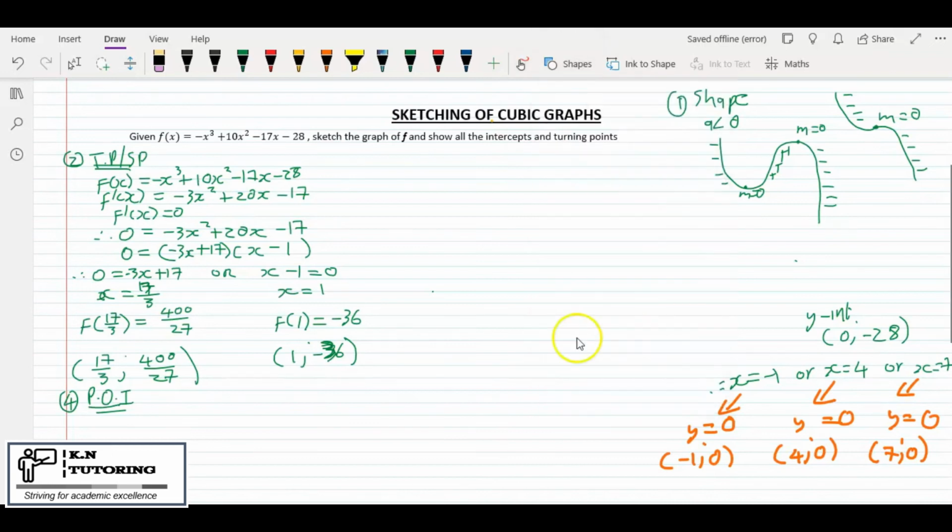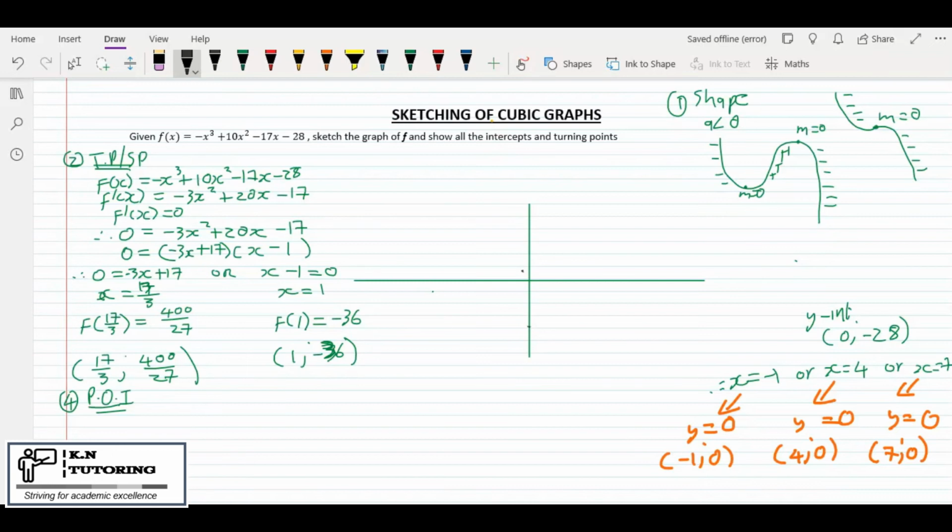Oh, sorry. Okay, so that is my Cartesian plane. Like I said, we are just doing a rough sketch, so it doesn't have to be accurate, but it must make sense. It must have all the important points.